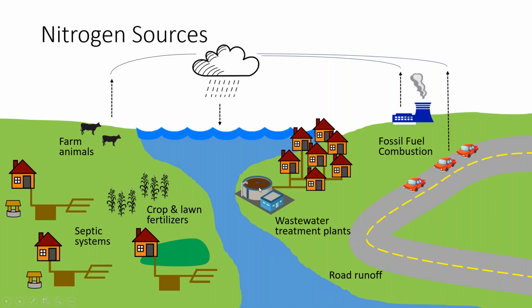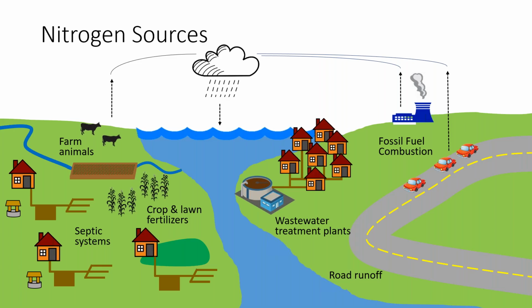We also have sources from wastewater treatment plants, from road runoff of impervious surfaces, from septic systems, which, as I mentioned, is a really big part of our watershed, and then also from crop and lawn fertilizers.